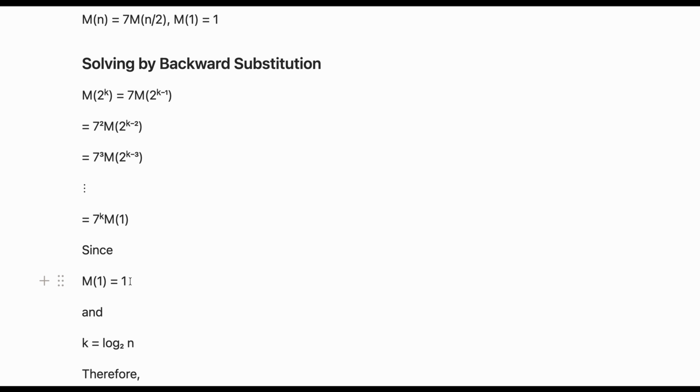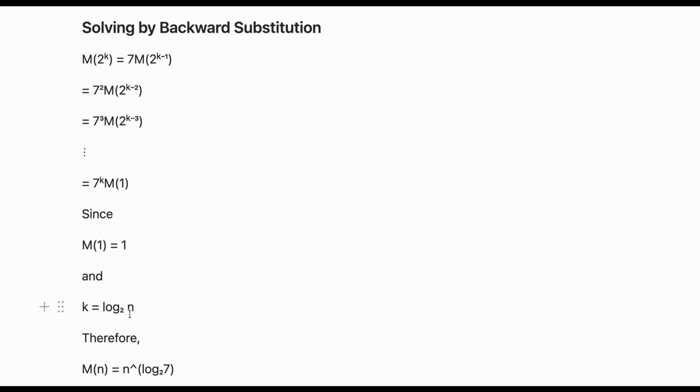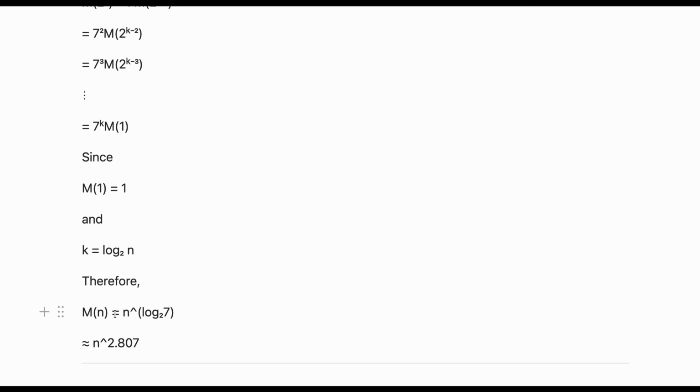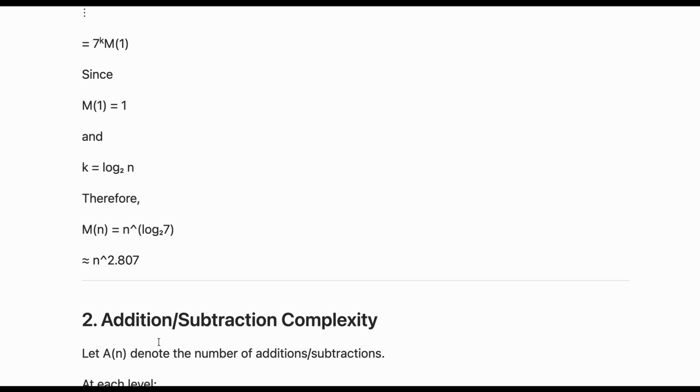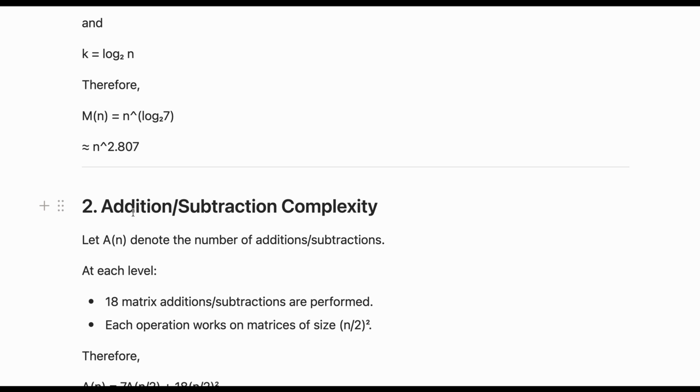Since M of 1 is equal to 1 and k is equal to log base 2 of n, M of n is equal to n to the power log base 2 of 7, which is nearly equal to n to the power 2.807.